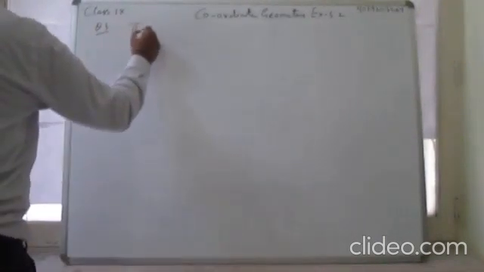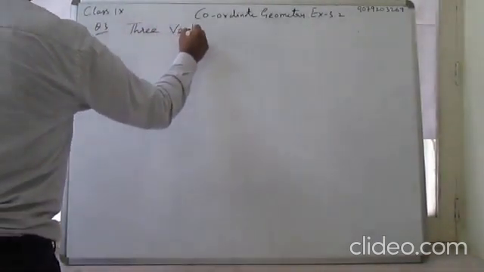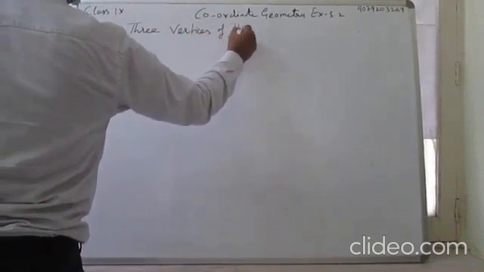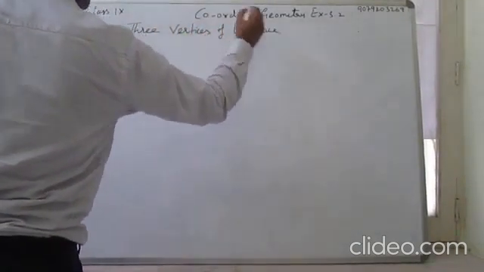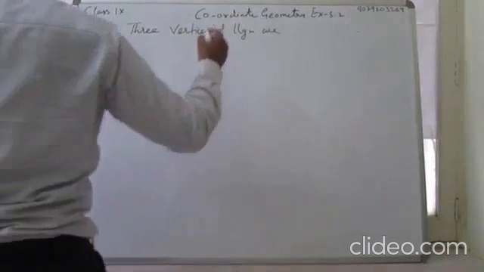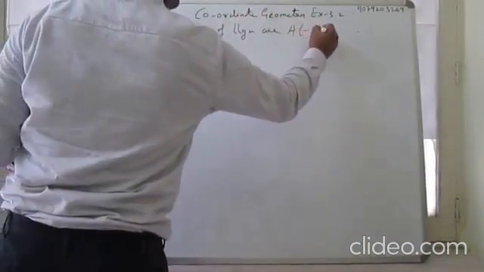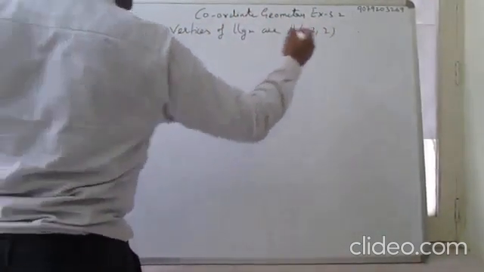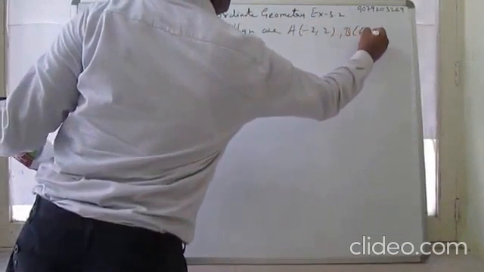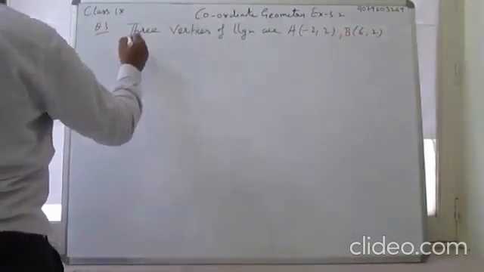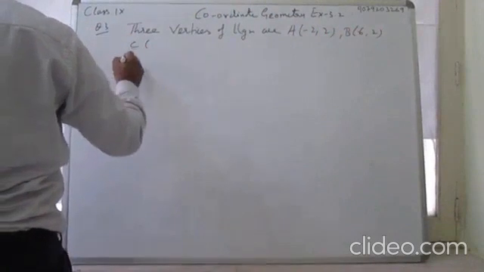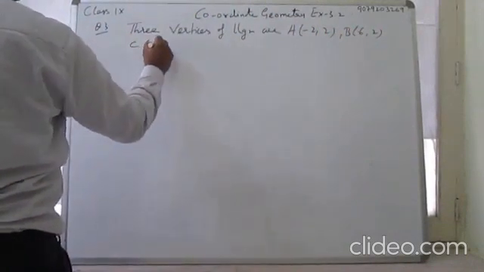Question 3. Three vertices of a parallelogram, this is the symbol of parallelogram, are A (-2, 2), B (6, 2), C (4, -3).